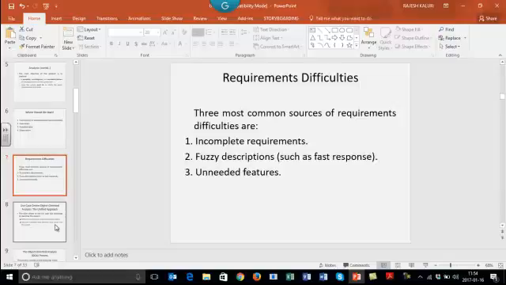You have to match each and every requirement according to the end user. If you fail to match a minimum requirement, it leads to an issue where people cannot use that system. And the other one is fuzzy descriptions.